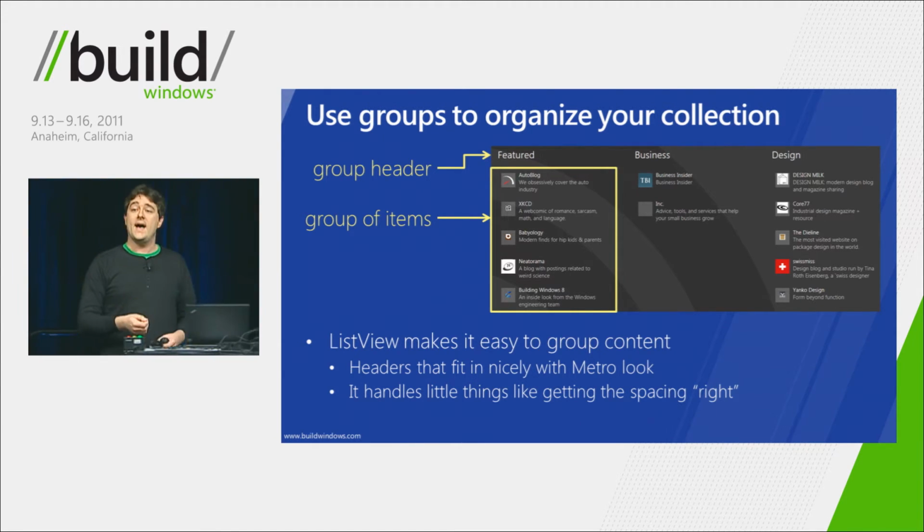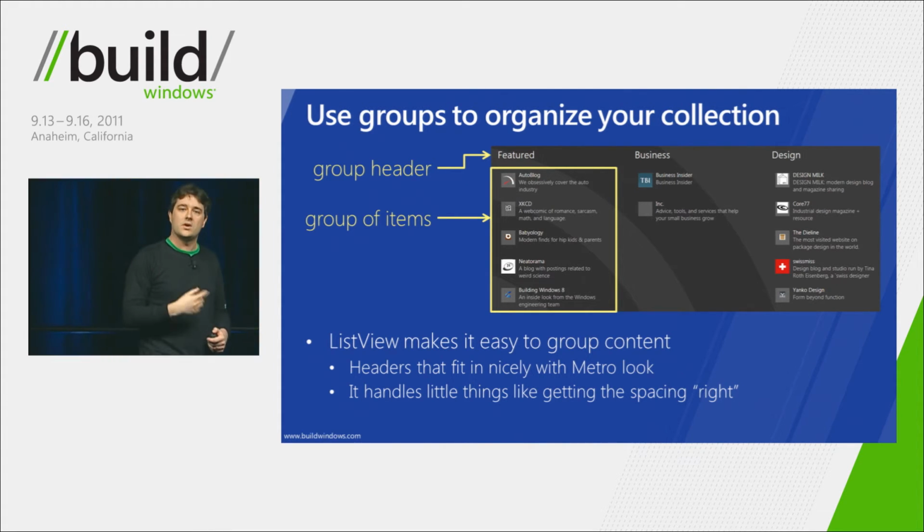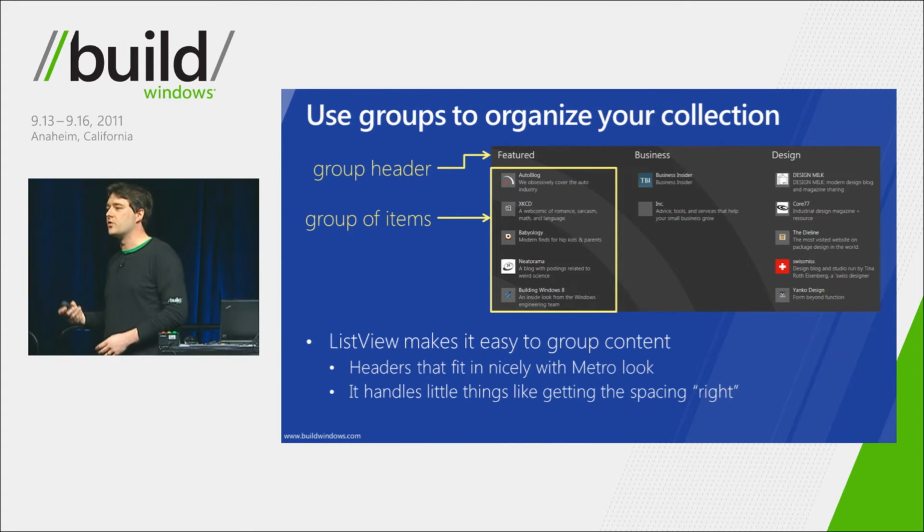It also adds the right amount of space between the groups and the headers, the labels up top. If you want to show a very simple Metro-style text-based header at the top, you don't have to set the font family or the point size or anything like that. It'll take care of all that for you. It really tries to make the process of grouping pretty straightforward to get right.